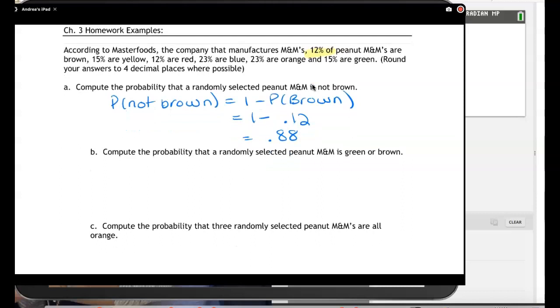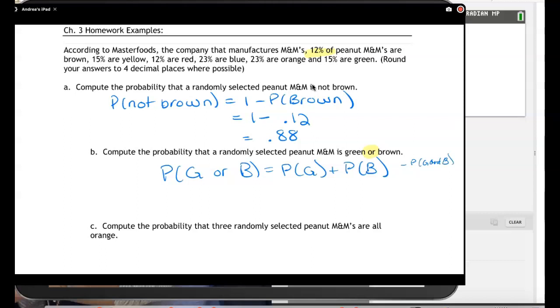Let's look at part B. Compute the probability that a randomly selected peanut M&M is green or brown. So what you want to remember is our addition rule tells us the or is going to be, we're going to add them. So the probability of green or brown is going to be the probability of green plus the probability of brown. Now, if they're not mutually exclusive, the addition rule tells us we have to subtract off the probability of green and brown, okay?